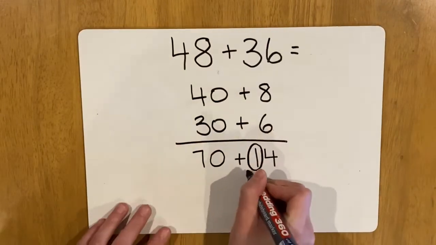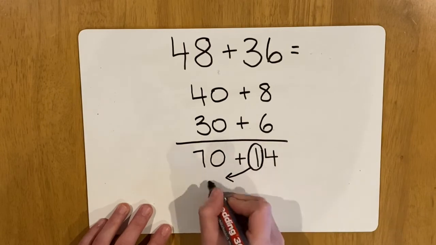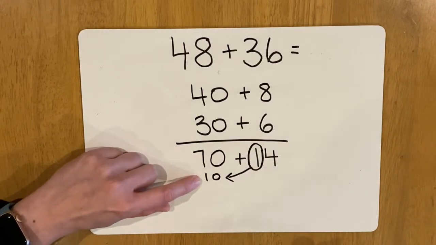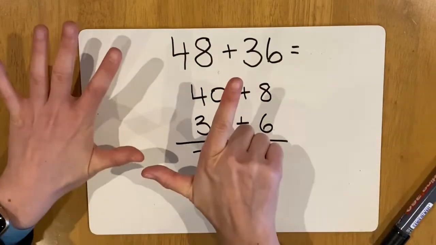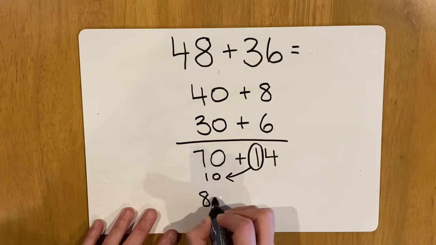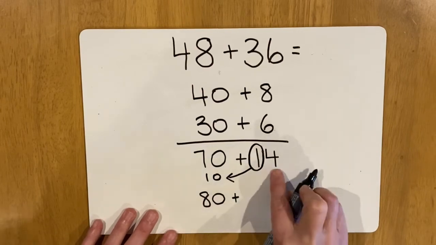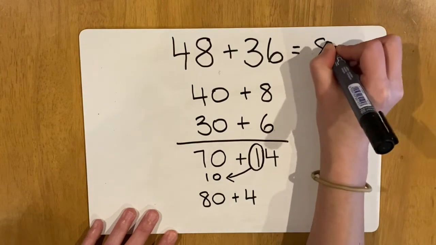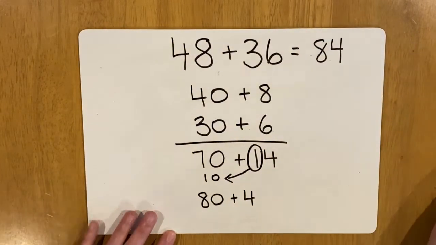Circle it, send it over to this column. So now we do 70 plus 10. 7 tens plus another 10, 8 tens, which is 80. Add 4. So our answer is 84.